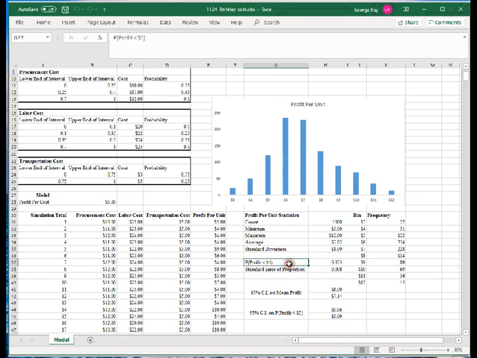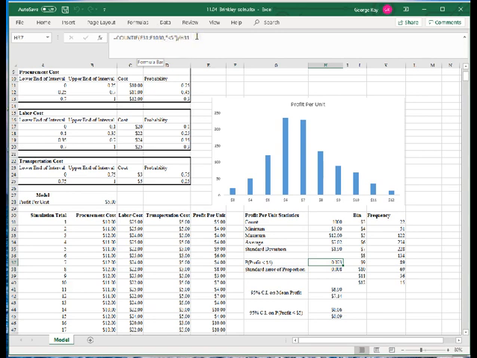Now, to get the probability that the profit would be less than $5 per unit, what we'll do is, let's look at this, use the COUNTIF function. So on our column of 1,000 trials and the profit per unit for those 1,000 trials, we'll look at counting them if the profit is less than $5.